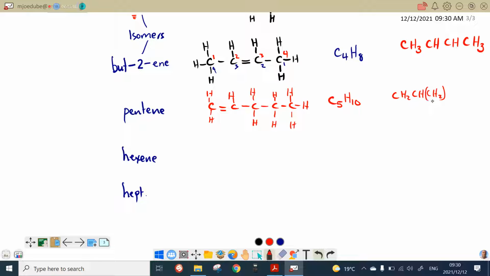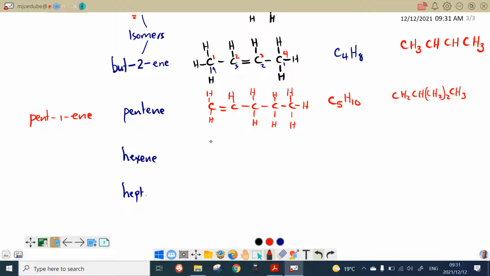So I've got two of them, and then CH3, right? But this is not the only way of representing the formula for pentene. The actual name for this would be pent-1-ene, because the double bond is on carbon number 1.